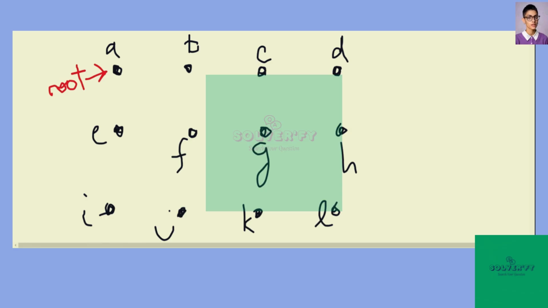And now we're going to consider the edges incident to A in the weighted graph. Well, there are two edges incident to A, and both edges have the same weight, which is 2. And so we can choose either edge.